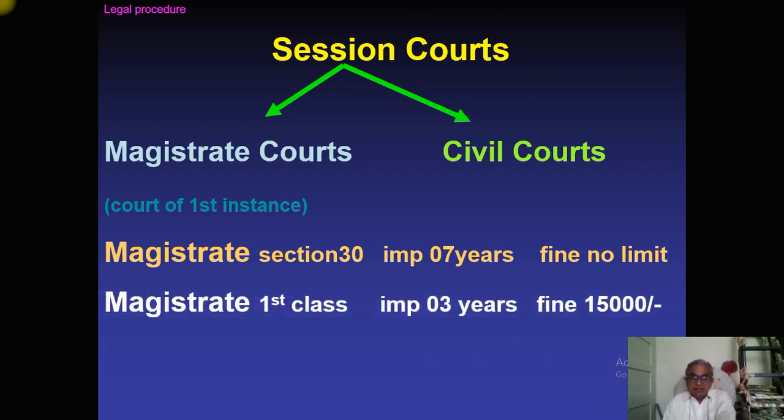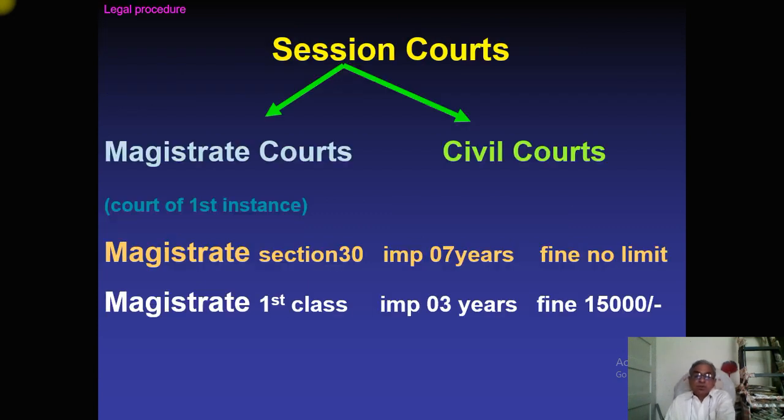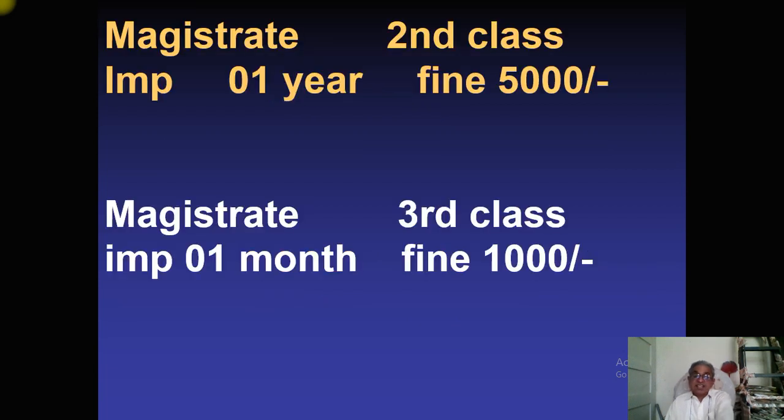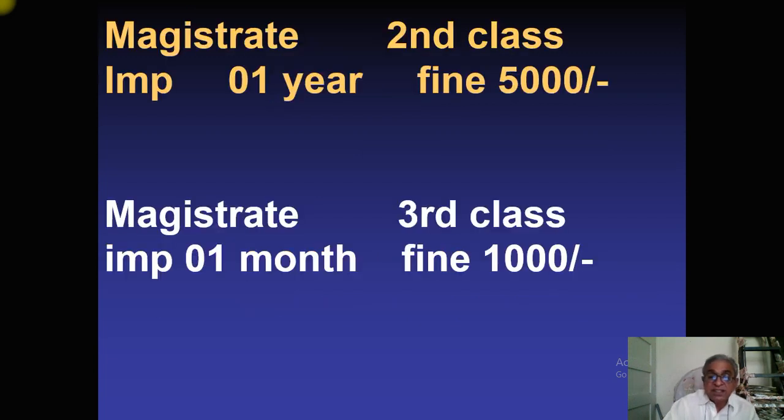Then first class magistrate can award imprisonment up to 3 years and can impose fine up to 15,000.